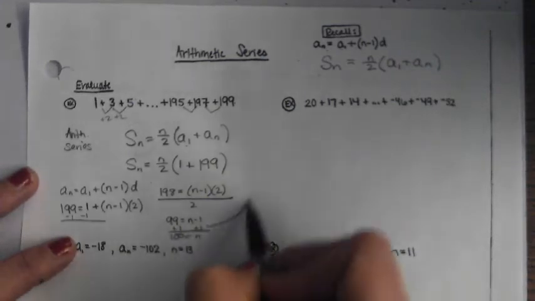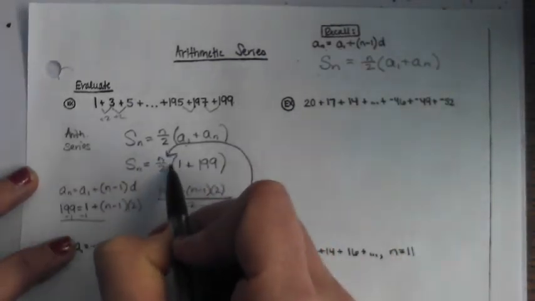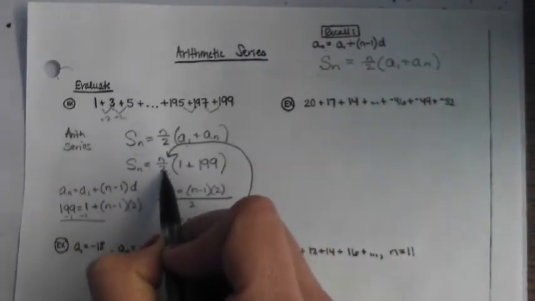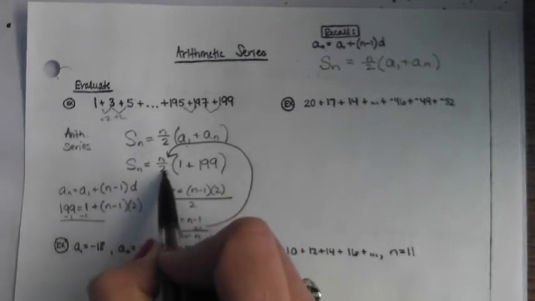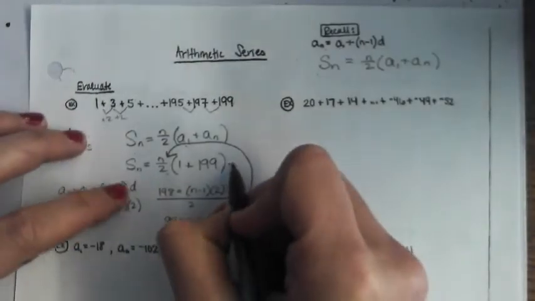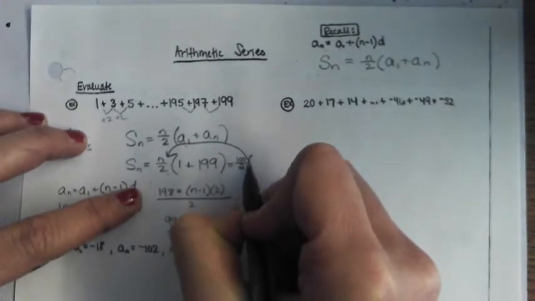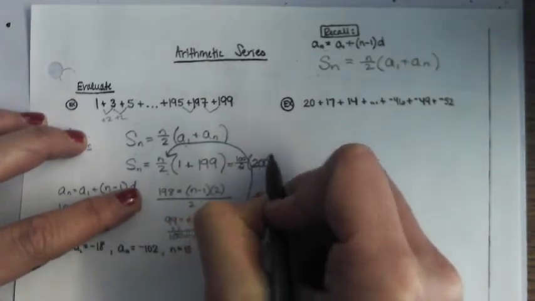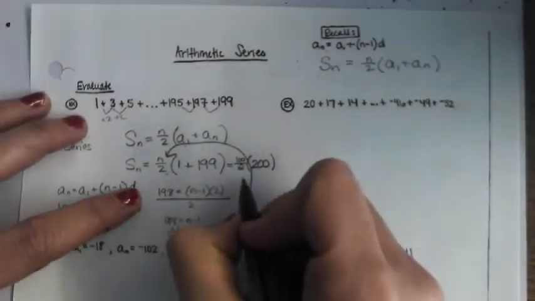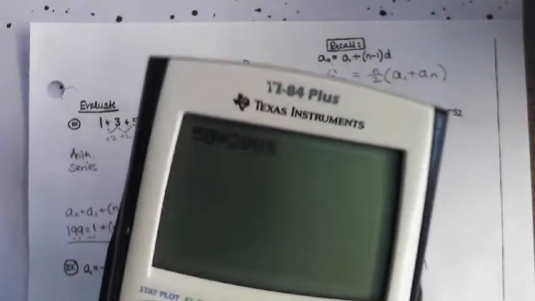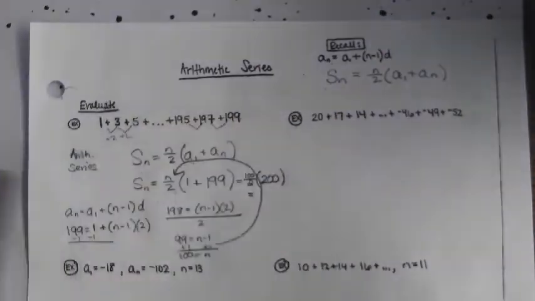So now I can go back and use 100 there. 100 divided by 2 is 50 pairs of 200, and 50 pairs of 200 is 10,000.